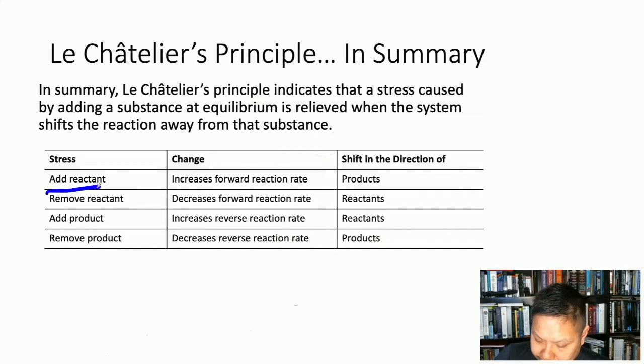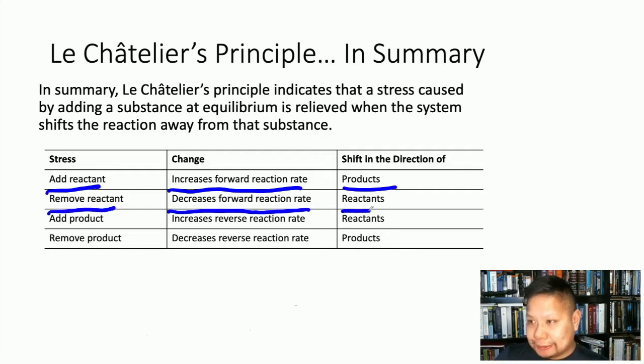So if you add a reactant, this increases the forward reaction and it shifts to making more products. If you remove some reactants, it decreases the forward reaction rate. It shifts backwards now to make more reactants to obtain equilibrium again.